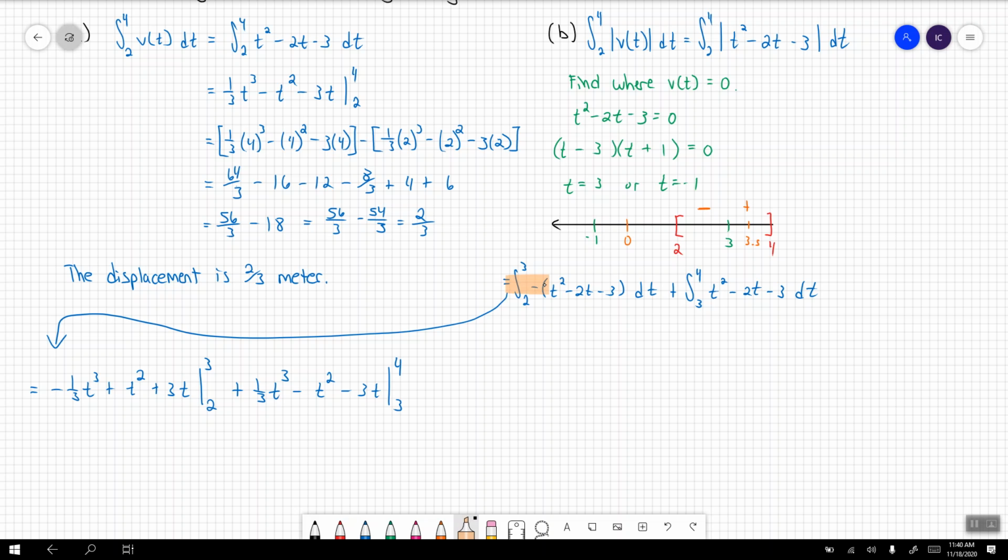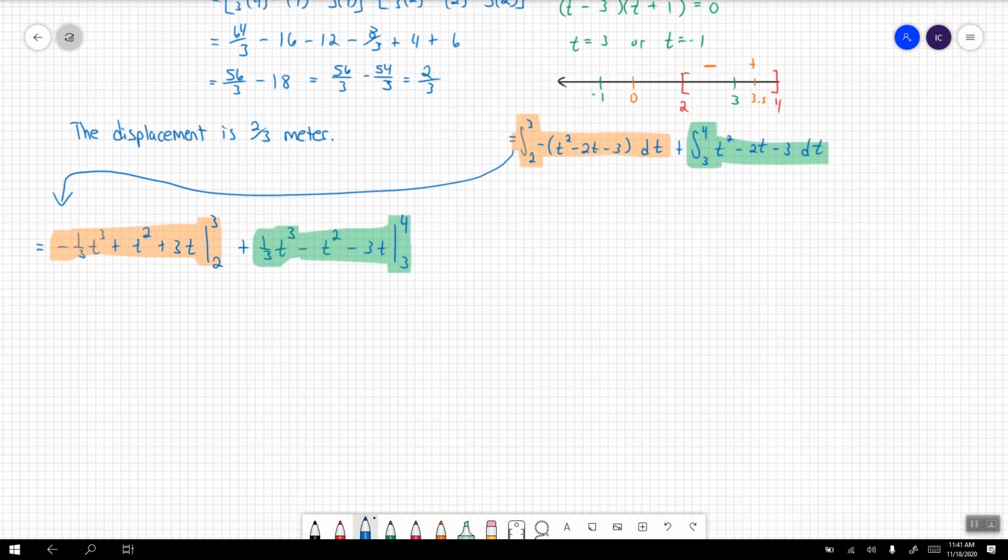So we have this first integral here. This one is going to be evaluated here. Then we have the second integral here. That one is going to be evaluated here. So let's finish this off.